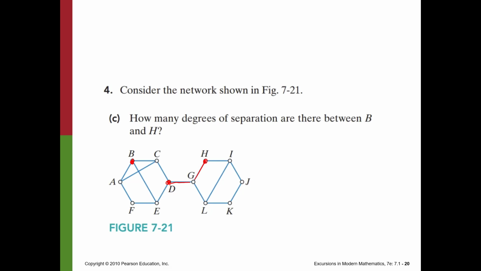There are a couple ways from B to D, either from B to C and then from C to D, which is going to take 2. There's no direct route from B to D, so it's going to take 2, and we can get there either B, C, and then from C to D, or from B to E, and then from E to D. Either way, it's going to take 2 to get from B to D, and it's going to take 2 to get from D to H. So again, the degree of separation is 4.